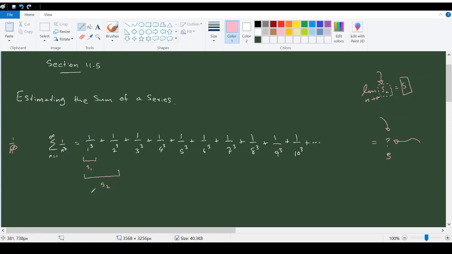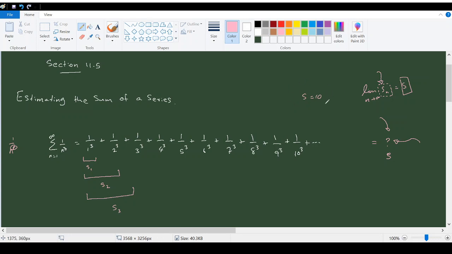So what I was telling is that S2, the addition of the first two terms, is a little closer to S than S1. And if we take the addition of the first three terms, that is even closer to S than the first two terms. Let's say that S is equal to 10, just for the explanation.